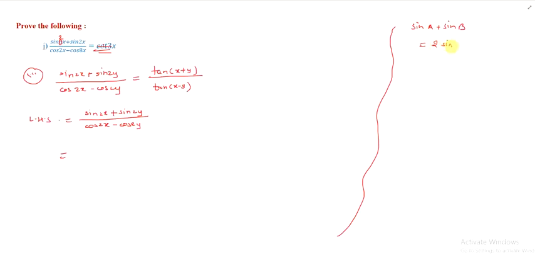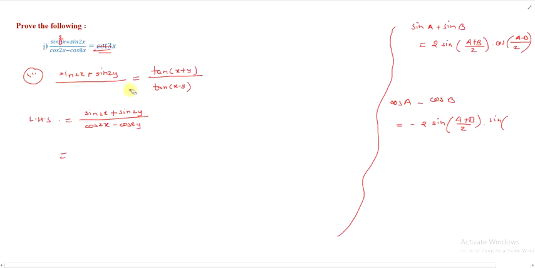It is equal to 2 sin (A plus B)/2 into cos (A minus B)/2. And for the denominator we have cos A minus cos B, which is equal to minus 2 sin (A plus B)/2 into sin (A minus B)/2. Sorry, this is a totally different example.